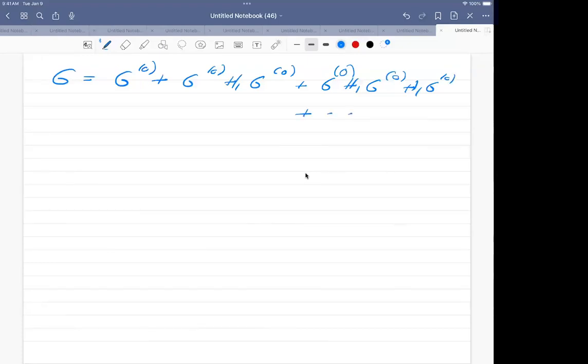This is something which I now can rewrite as a G0 plus a G0 H1 times a G0 plus a G0 H1. And remember now that these are infinite series. Okay?